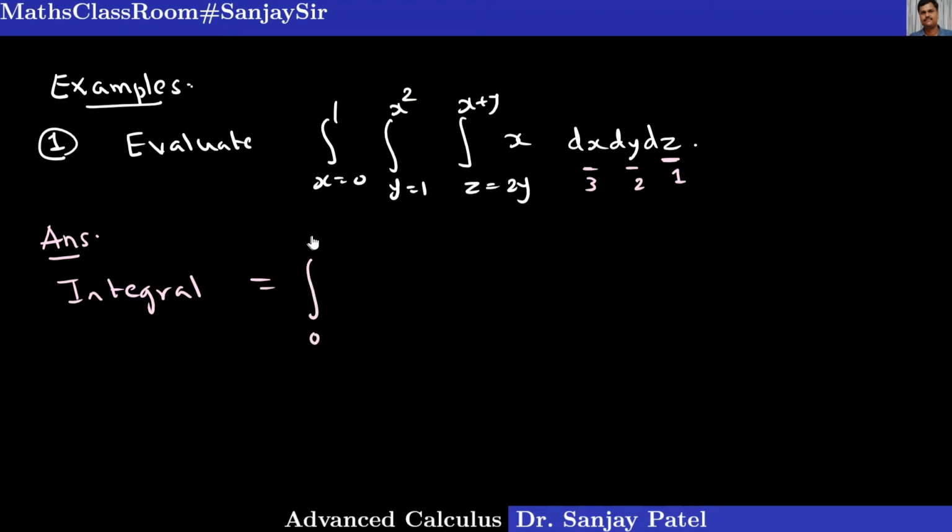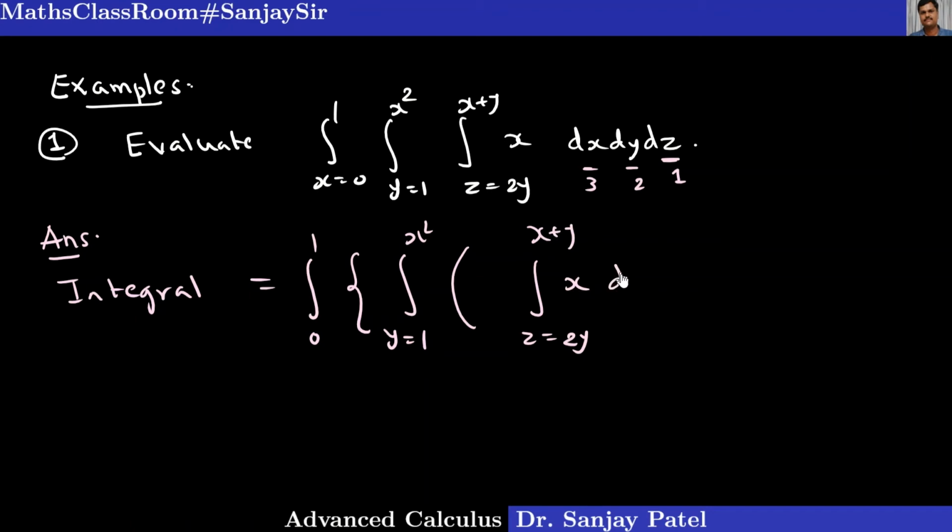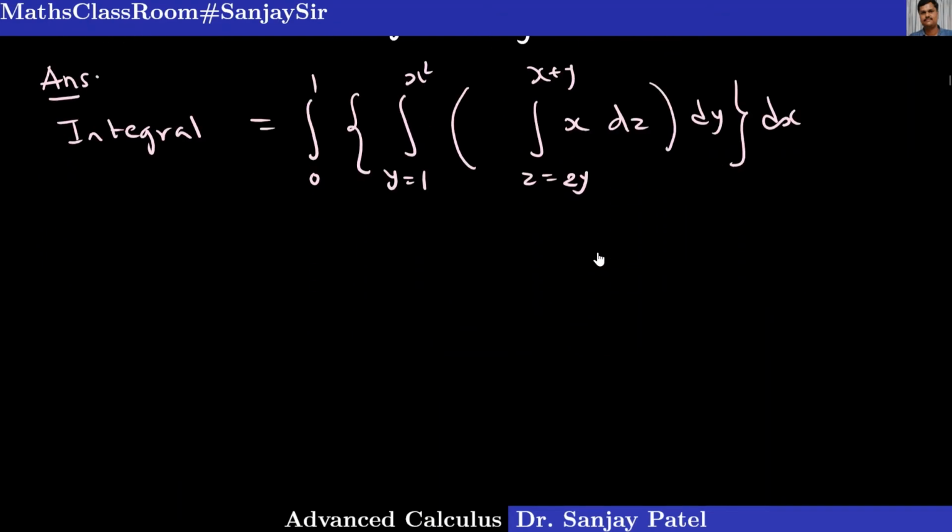It is integrated with respect to z first, y is equal to 1 to x square, and then let me write z is equal to 2y to x plus y, x dz dy, and then dx. Okay, so this is equal to integral 0 to 1. We know the last limit is the limit of x.